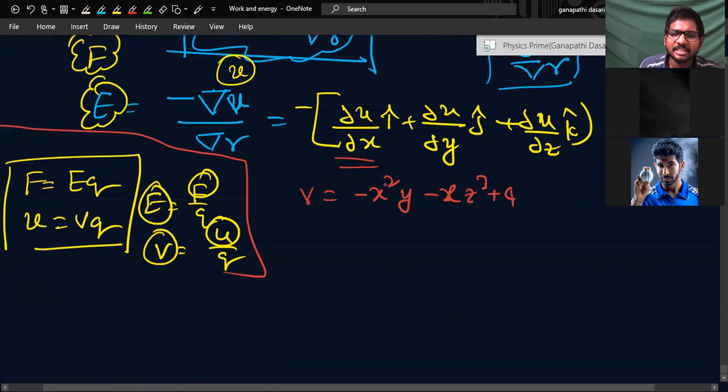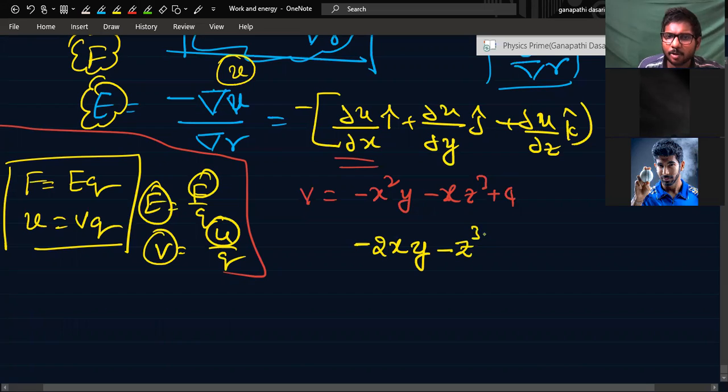If I differentiate with respect to x, y should be constant. Partial differentiation. So what will be the answer? Minus 2xy, minus z cubed, plus 0, into i cap. Finally, I'll keep minus for everything later on.